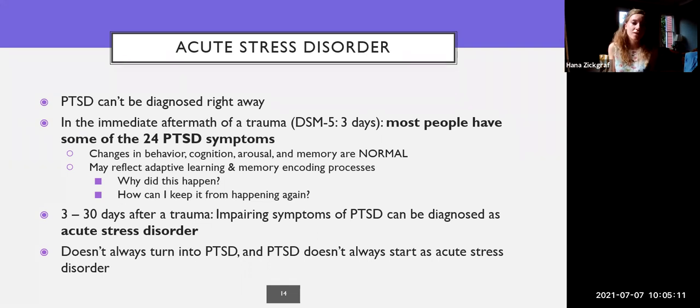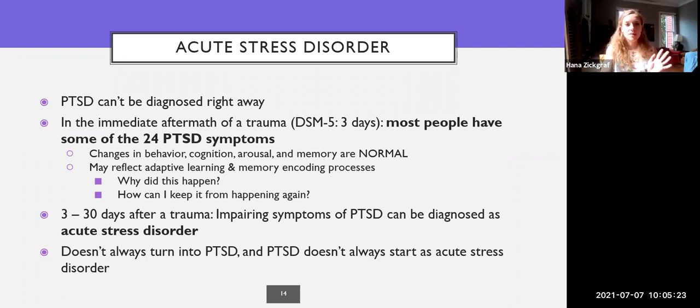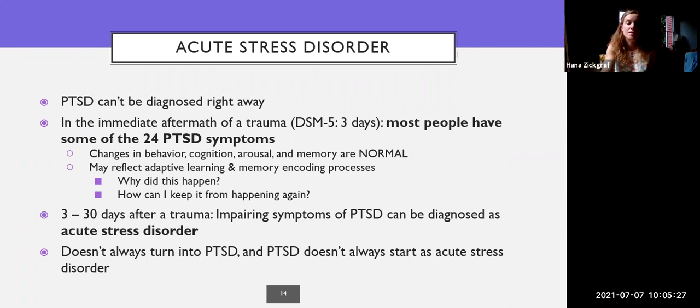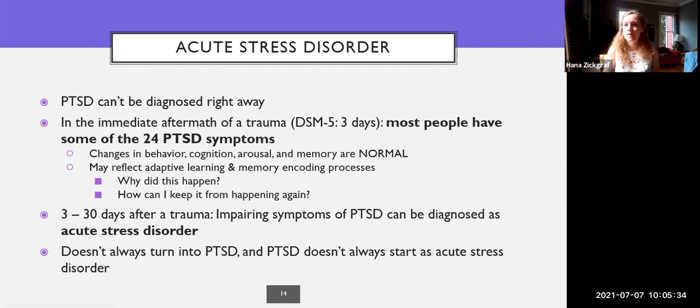When people are still having these trauma reactions that long after they've experienced a trauma, that's when it starts to become quote unquote deviant or relatively abnormal and probably maladaptive. Acute stress disorder doesn't always progress to PTSD, and not everyone who has PTSD experienced or met criteria for acute stress disorder first. PTSD usually develops relatively soon after the index trauma, but it doesn't have to. It can develop years later in some cases.